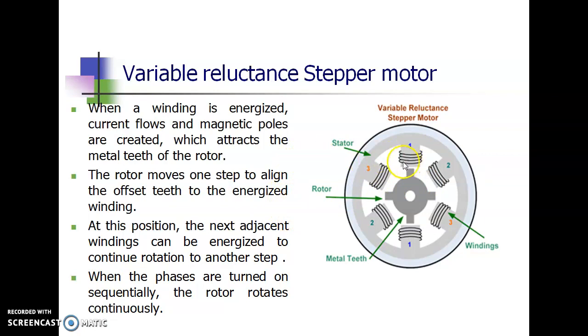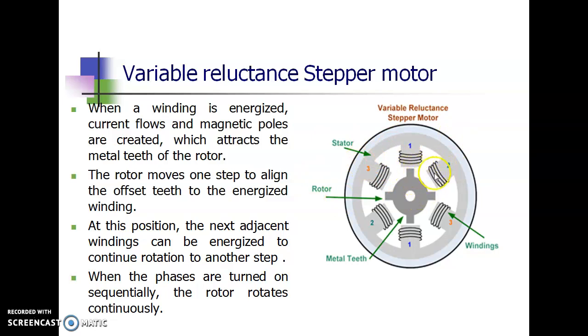When the winding is energized, current flows in the windings, and because of that magnetic poles are created which attract the metal teeth of the rotor. The rotor moves one step to align the offset tooth with the energized winding.